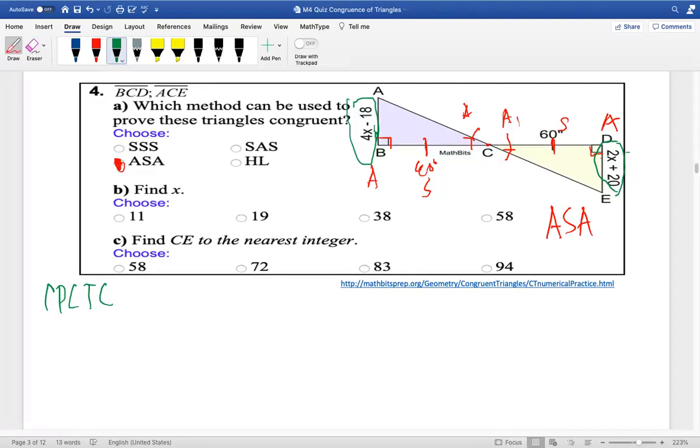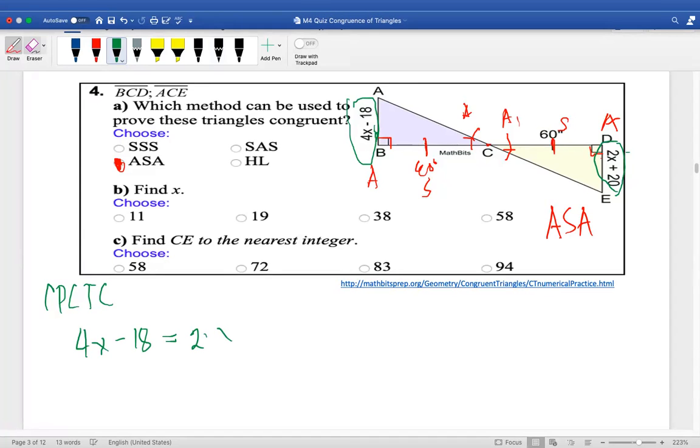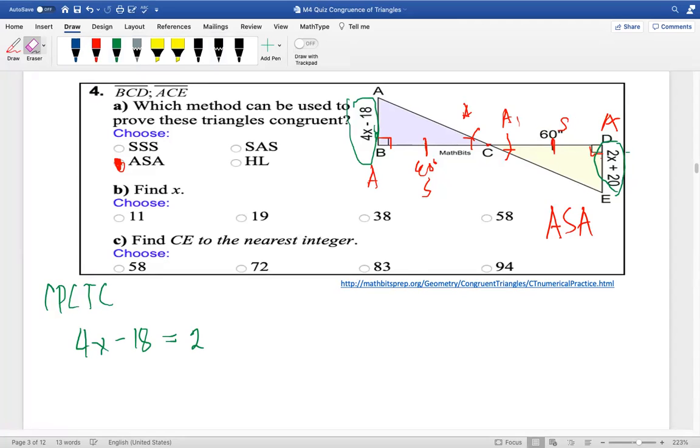And when we say congruent, since we are talking about measures, we could say 4x minus 18 is equal to 2x plus 20. Let me just erase this. And let's solve for x.